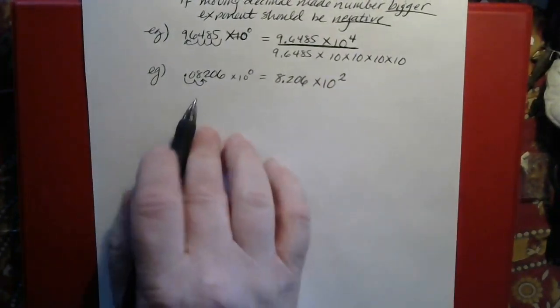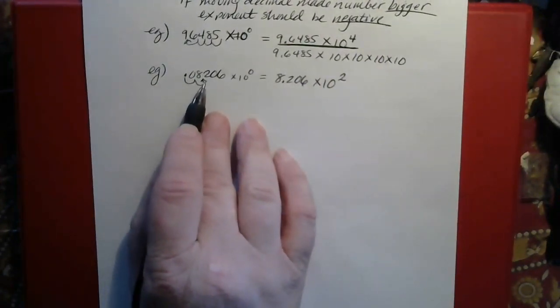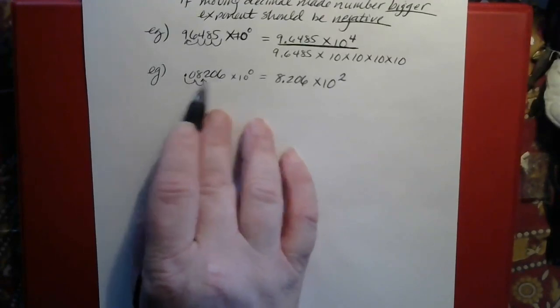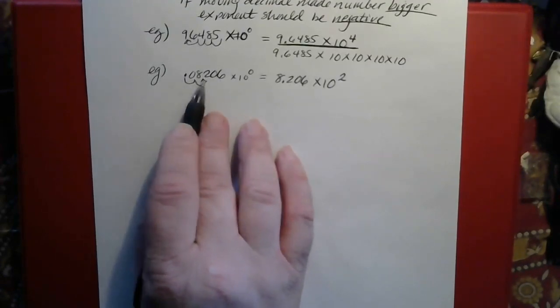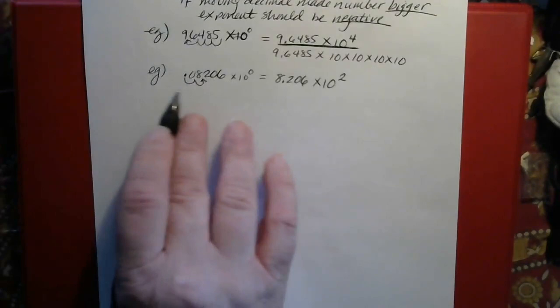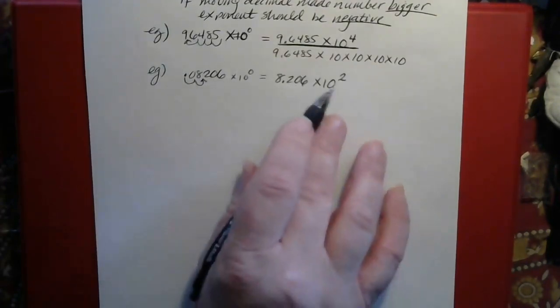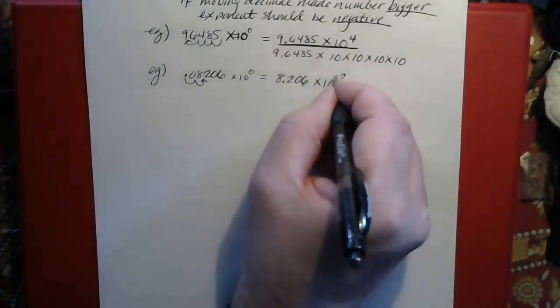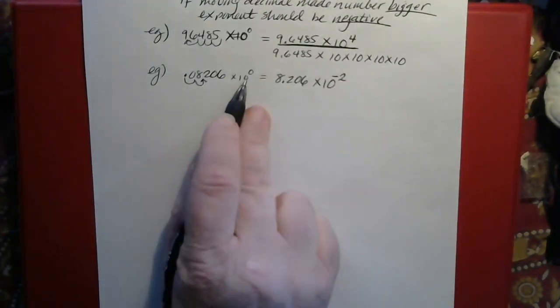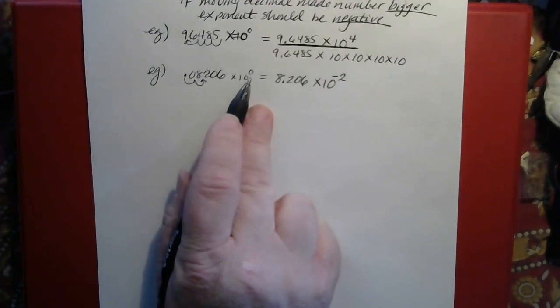But in this case, moving the decimal point made the number bigger. 8.206 is definitely bigger than 0.08206. So to compensate for making the first part of the number bigger, we have to make the exponent smaller. So this is going to be -2, which is less than 0.